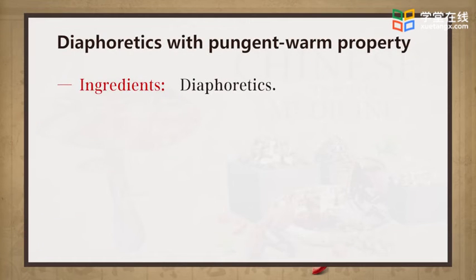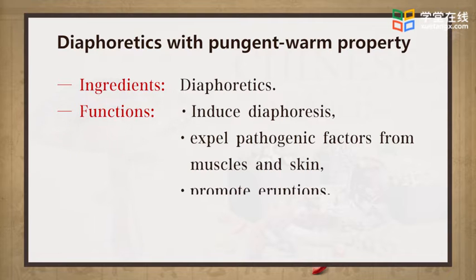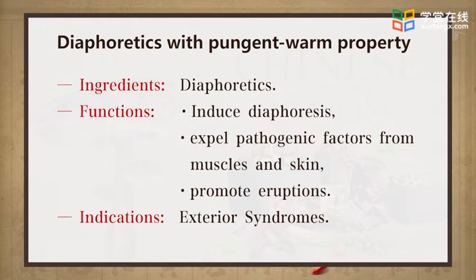Prescriptions for relieving exterior syndromes are mainly composed of diaphoretics and can induce diaphoresis, expel pathogenic factors from muscles and skin, promote eruptions, and be used to treat exterior syndromes.